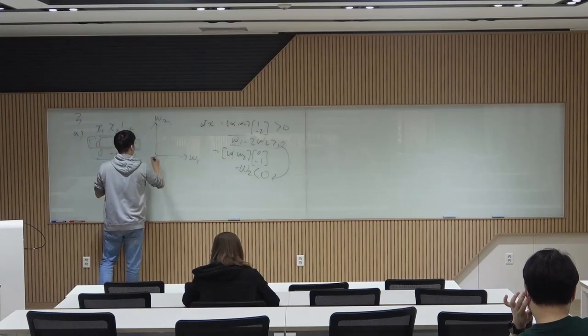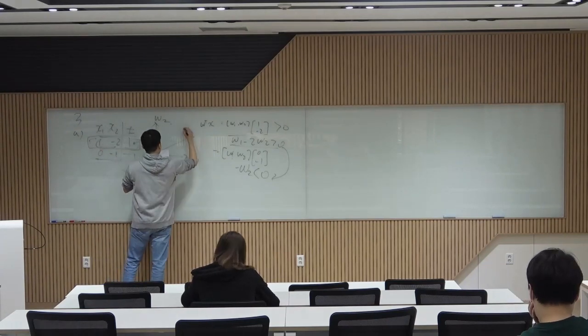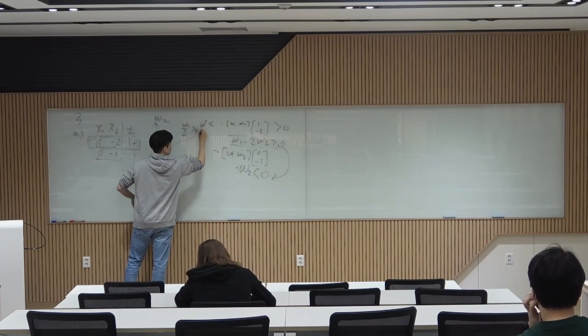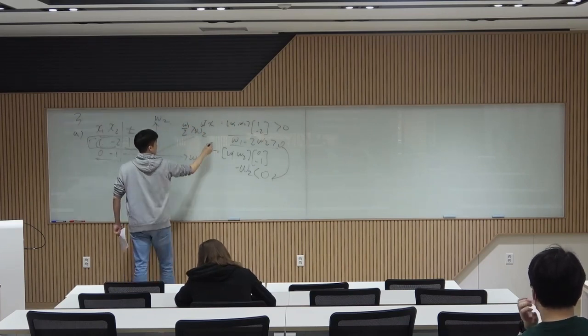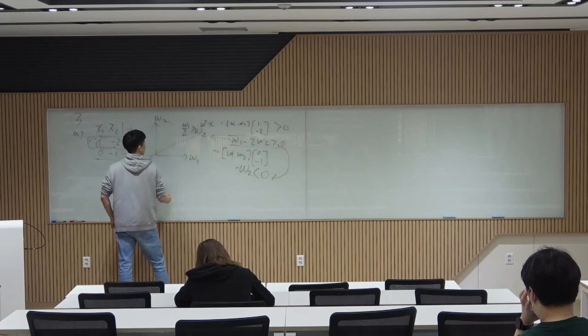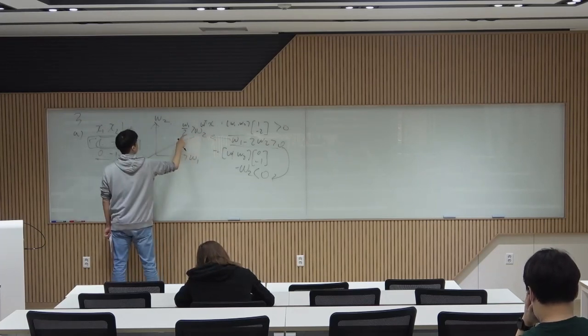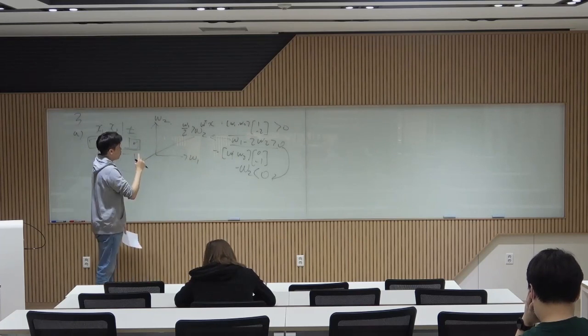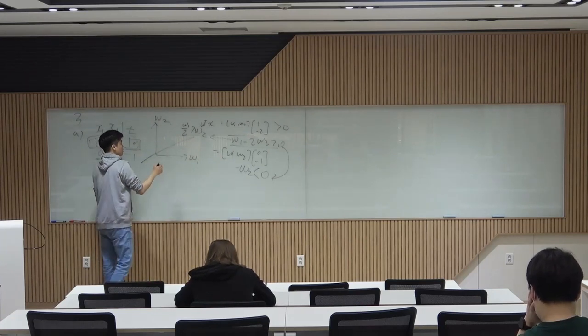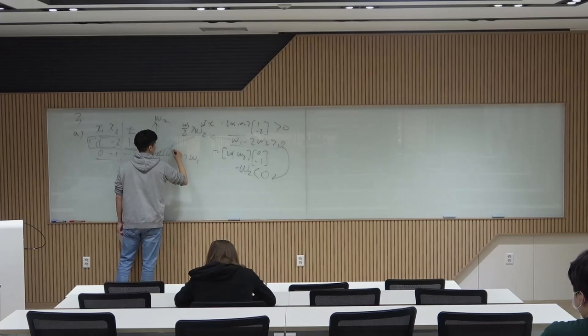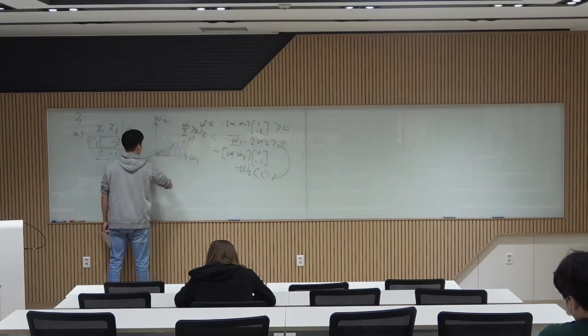Then we can just write from the first equation. And from the first equation, W2 is smaller than W1 divided by 2. So we can just sketch here.